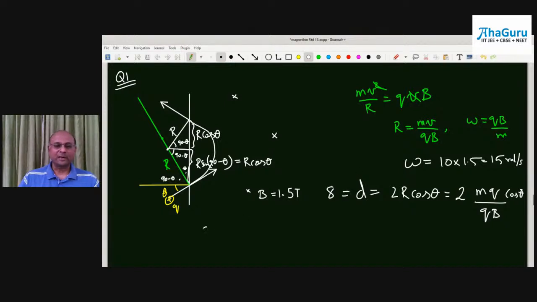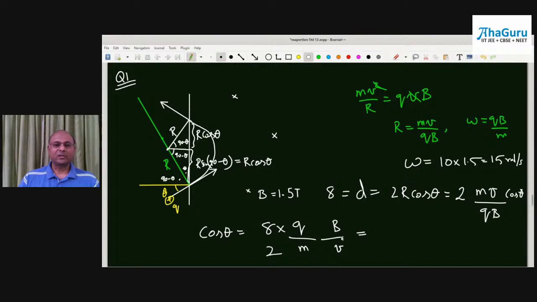So I can just substitute all that, bring it down and say cos theta is 8 into QB by MV. I made a mistake writing that. This is MV by QB. It's 2R cos theta, right? So this Q goes up, M goes down, 2 goes down, V goes down.